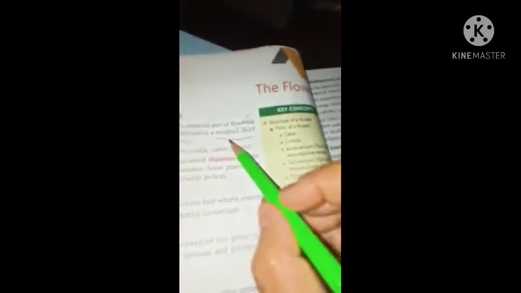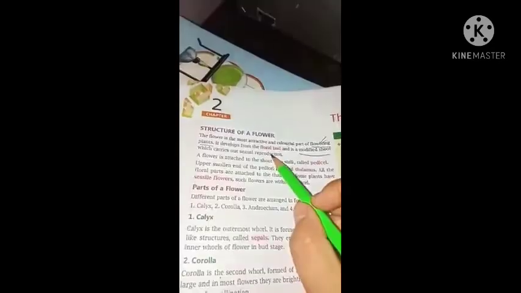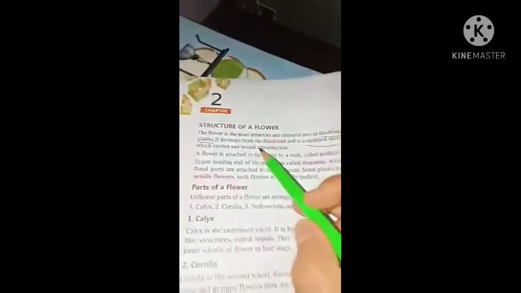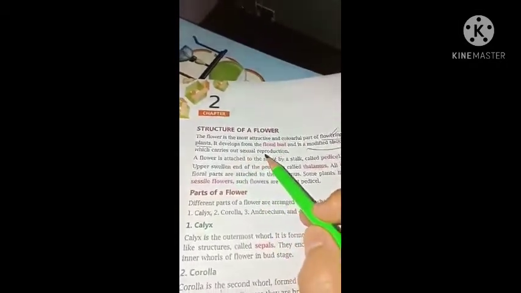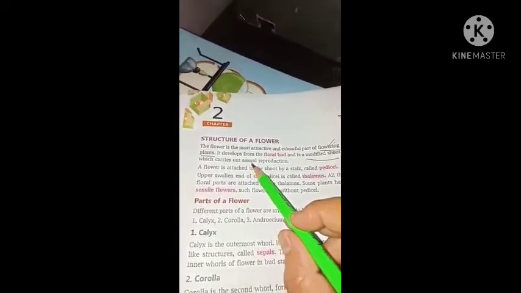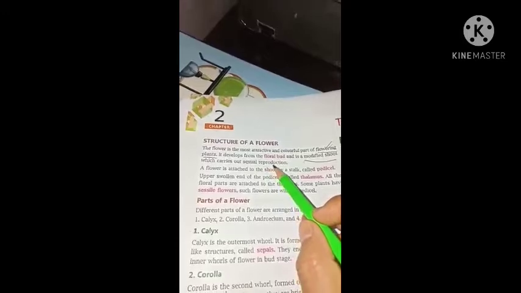We call it a modified shoot because pollination and fertilization take place in the flower. So the flower is also called the reproductive organ.